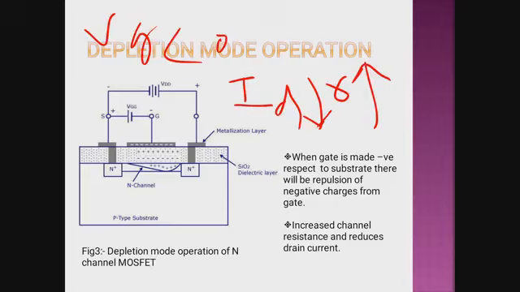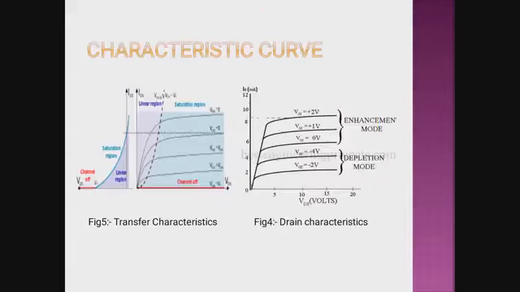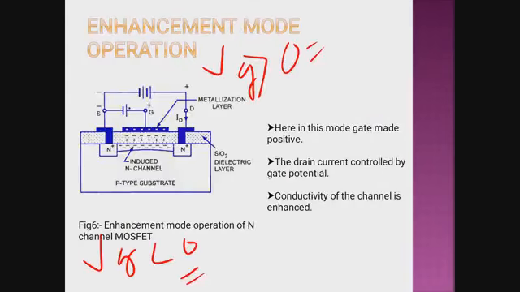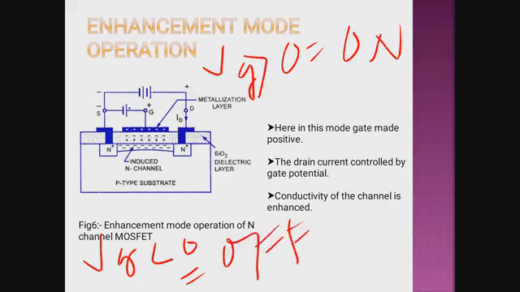In that situation the MOS will be in the on state. But in enhancement, when VG is greater than or equal to 0 volt, the device is on, otherwise it is off when VG is equal to 0.